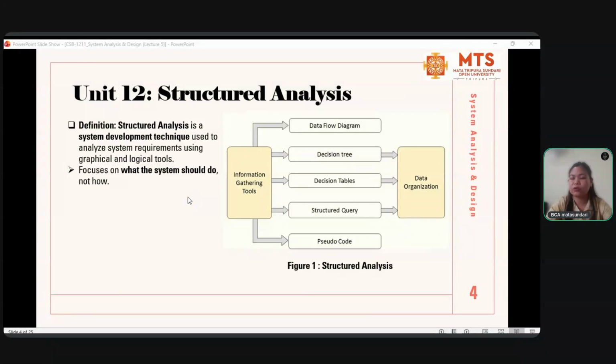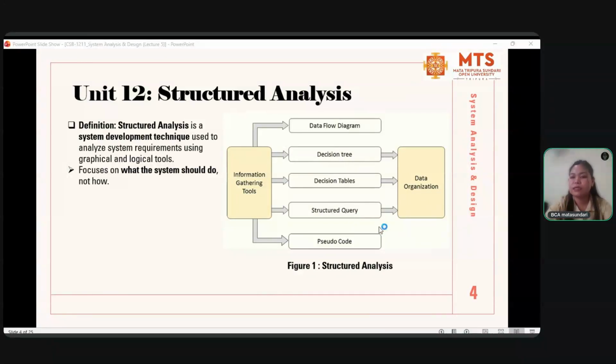How is for the software engineer who will develop the system. So here you see how the structure is shown for structured analysis. This is our information gathering tools. First, it consists of data flow diagram, decision tree, decision table, structured query, and pseudo code.